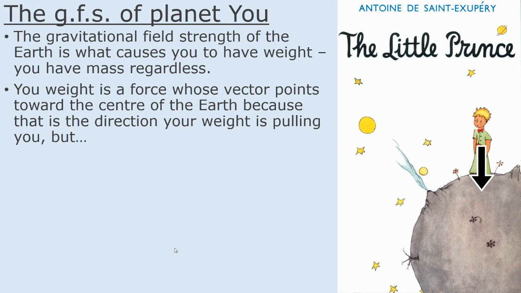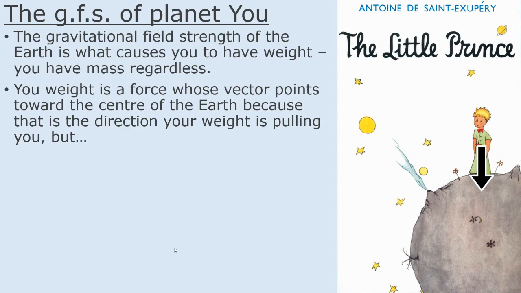But you've got a mass, so you've also got your own gravitational field. There's nothing special about the planet Earth, the Moon or the Sun or Jupiter that means they get a gravitational field. It's just that because they are so massive, their gravitational field is very strong. That's why we can feel it. But we've got gravitational fields ourselves.